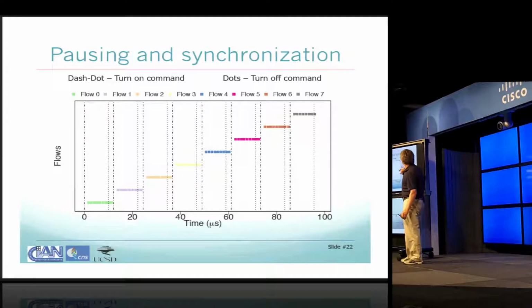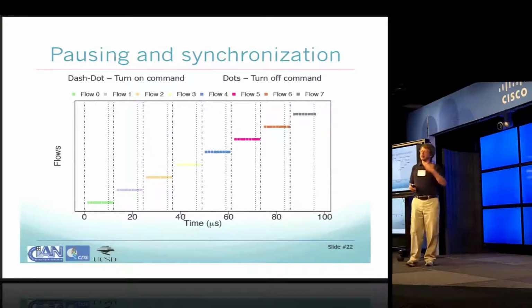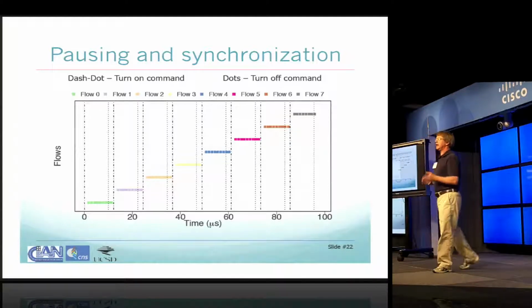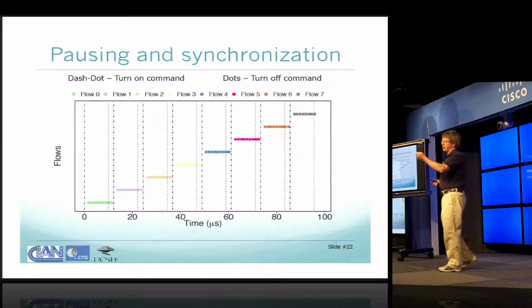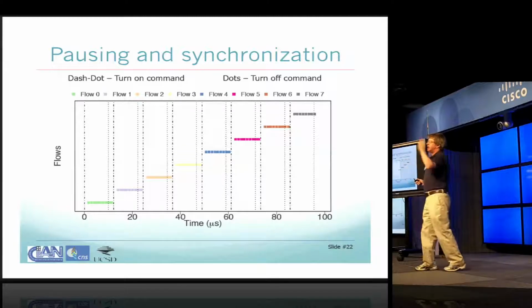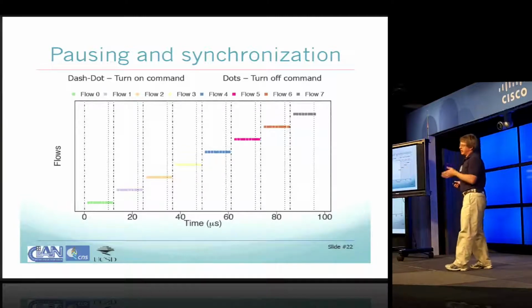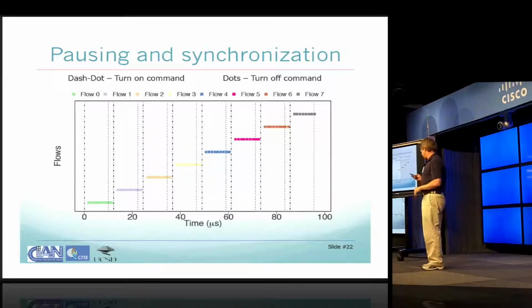It's not easy to see, but you can actually see variance. If you look at when this one stopped relative to when this one stopped, this took a longer time to stop. Again, that's because of how the hardware in the NIC decides, when you issue the command, whether it is going to send the next packet out, or just terminate the packet that is in the buffer at that point.